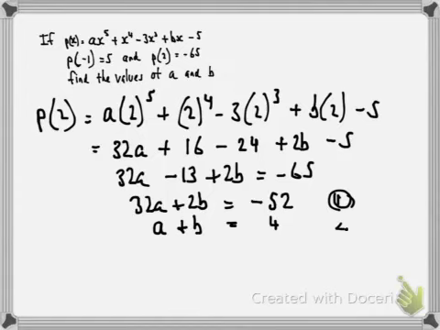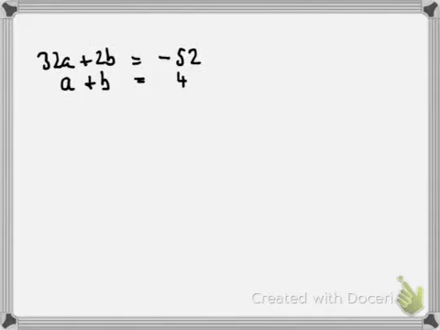Let's look at those two equations and solve them simultaneously. 32a plus 2b equals negative 52, and a plus b equals 4.